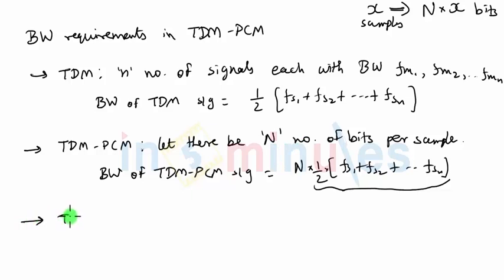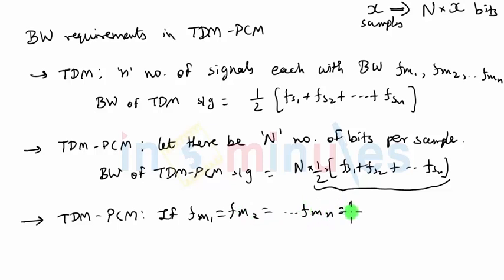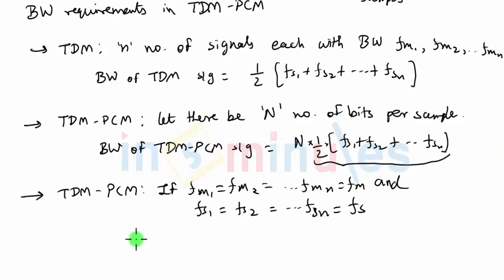So in case of TDM PCM system, if let's say we have all the bandwidths equal, if fm1 is equal to fm2 is equal to, let's say, fm, and let's say the sampling frequencies that we use are also exactly the same for all the signals, equal to fs, then what will be the total bandwidth?